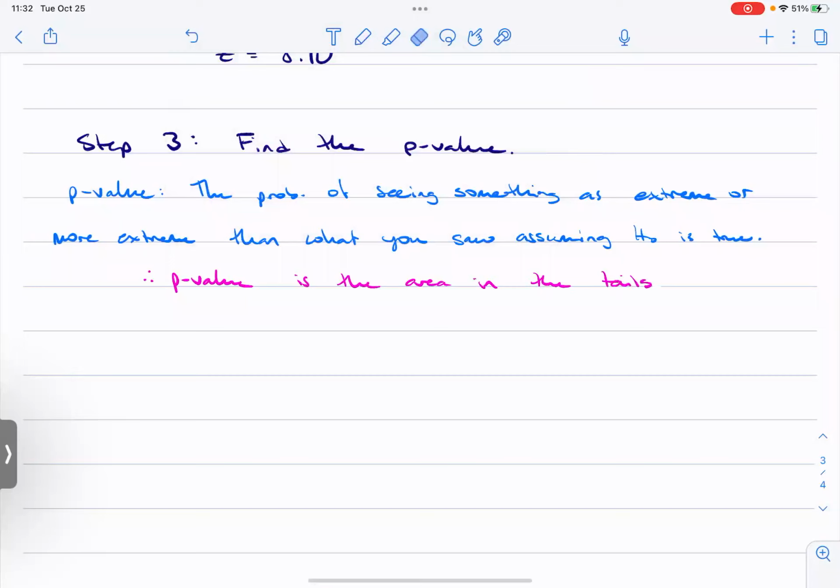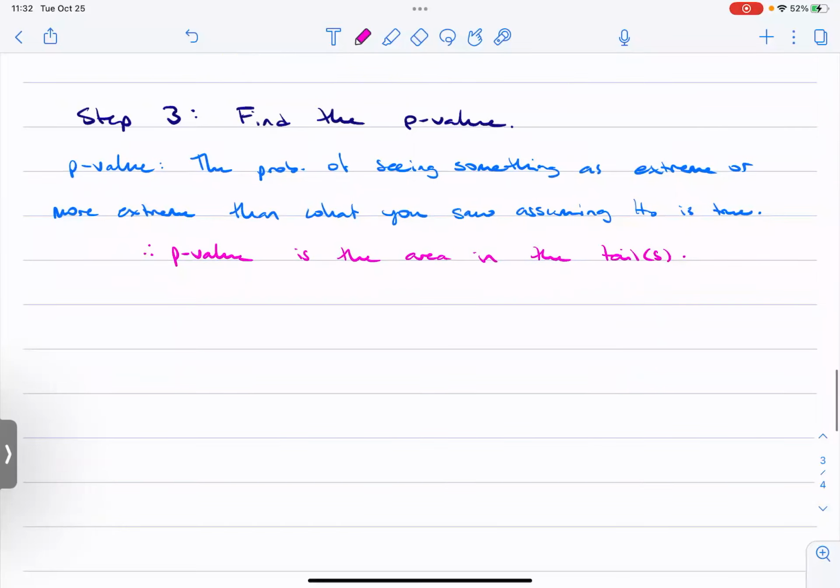And maybe I should do the S in brackets, because this is where we track back to the alternative hypothesis, right? If I have a one-sided or one-tailed test, then I only find the area in one of the tails. Whereas if I have a two-sided or two-tailed test, then I replicate one of the areas in the other tail. So what does that look like?